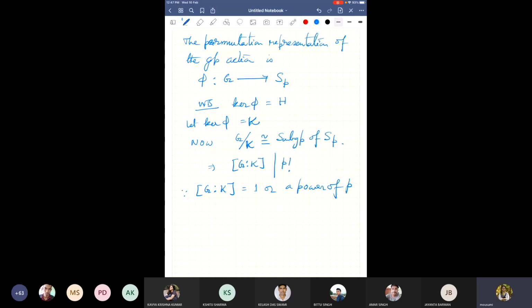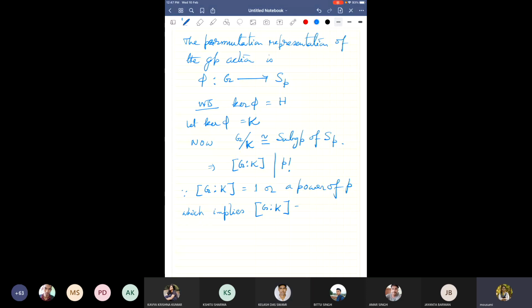But now we have already seen that it also divides P factorial. So from here, what can I say? Can it be any power of P? Only one power, maybe.